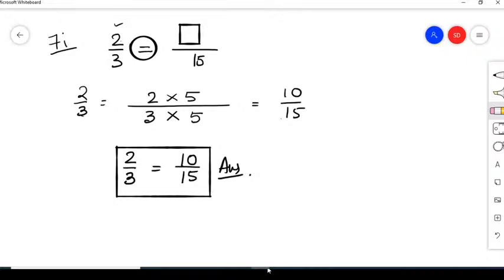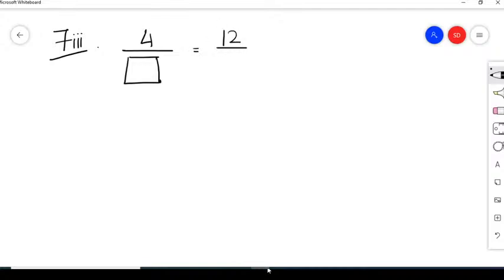Let's do 7 part 3. Now 7 part 3 is a little different. 4 by how much is equal to 12 by 15. Okay. Now see here, again the same thing.